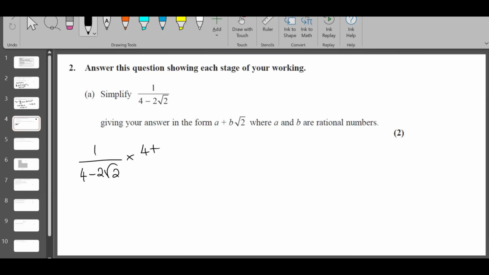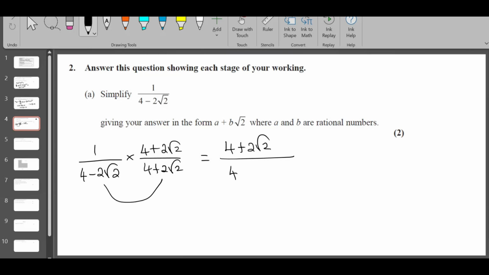Multiply and divide by 4 plus 2 root 2. So the numerator is just 4 plus 2 root 2. When you multiply this, a plus b times a minus b is a square minus b square. On top we can take 2 as a common factor.